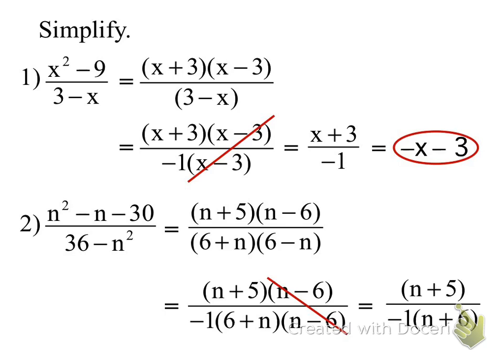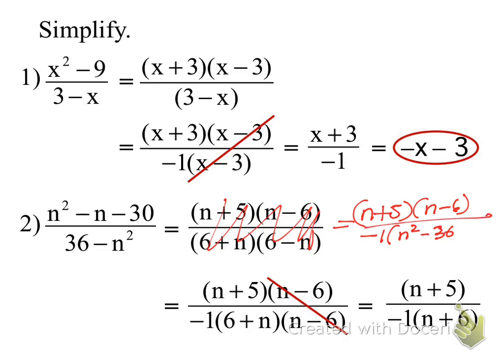Now, let me just show you off to the side. I could have factored the -1 if I noticed it right away. Let's pretend I don't have any of that. I could have gone right to n plus 5 times n minus 6, and then factored the -1 and had n squared minus 36, and right away jumped to this.